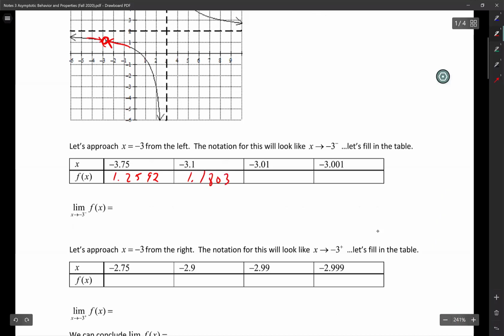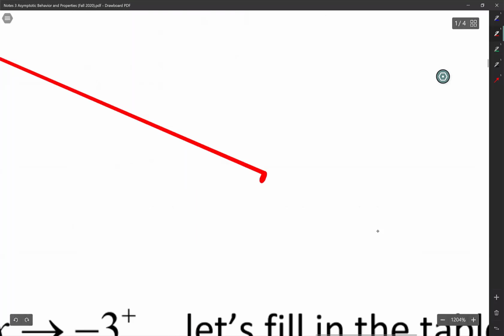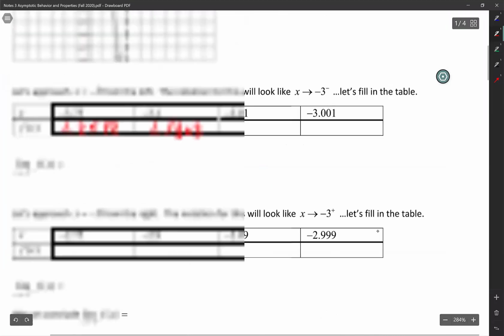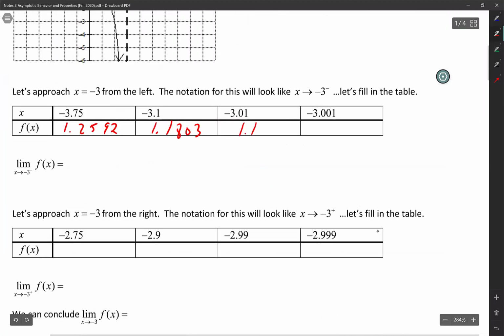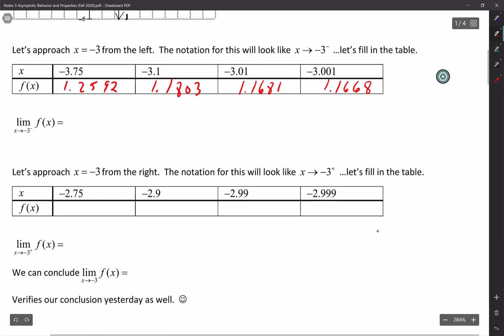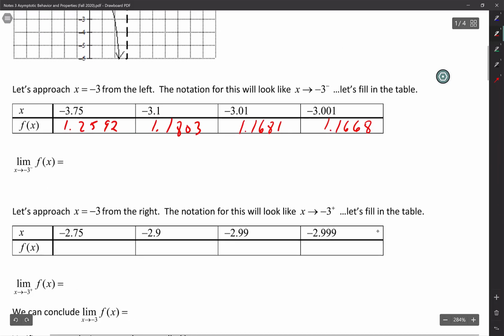And at -3.01? 1.168. And if you round up, it's 1.1681. And then this one was probably 1.1668. Yes.